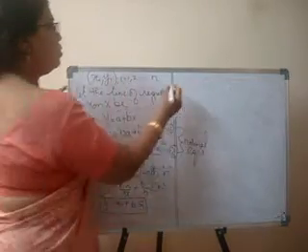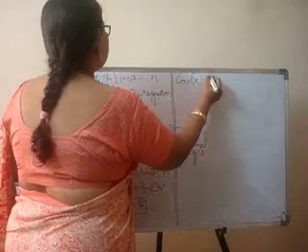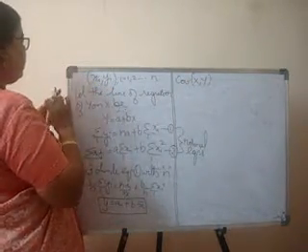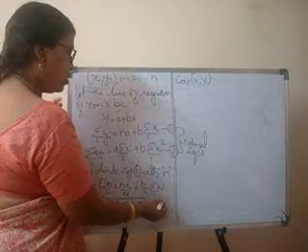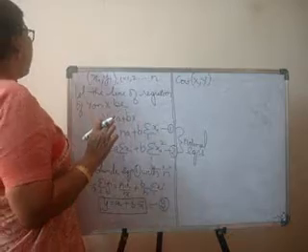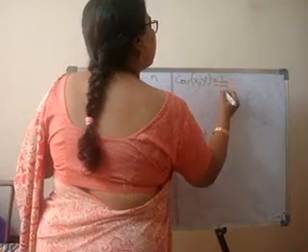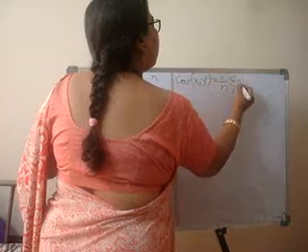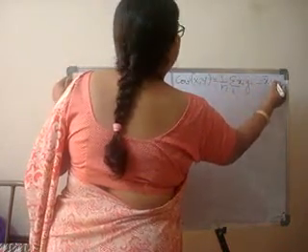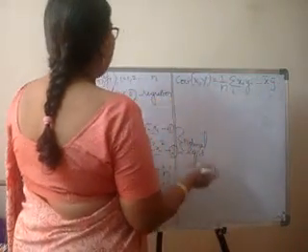Now covariance of x comma y. What is covariance of x comma y? Covariance of x comma y is nothing but 1 by n summation over i xi yi minus x bar y bar.